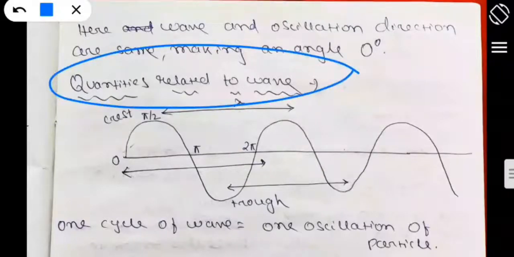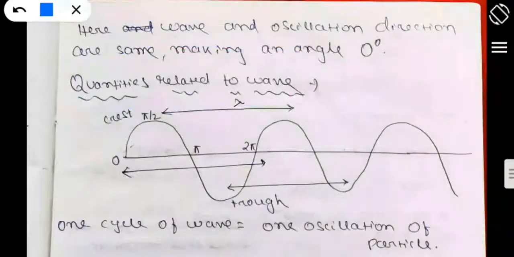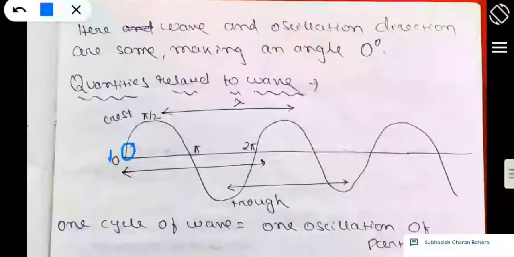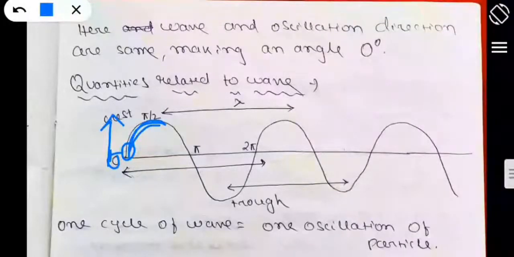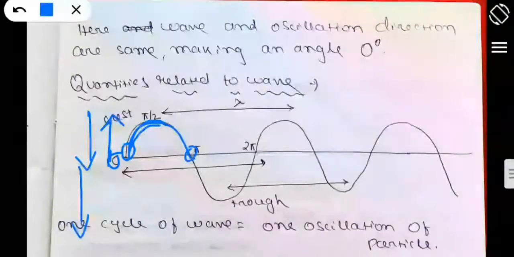Now let us read the quantities related to the wave. Before that, let me tell you the full cycle of a wave. Here is the particle. Here it will reach from the mean position to the topmost position, so one crest will reach, right? Then when it comes back to the mean position, it will go to the 0th point. When it goes to the negative maximum, a trough will arise, right?